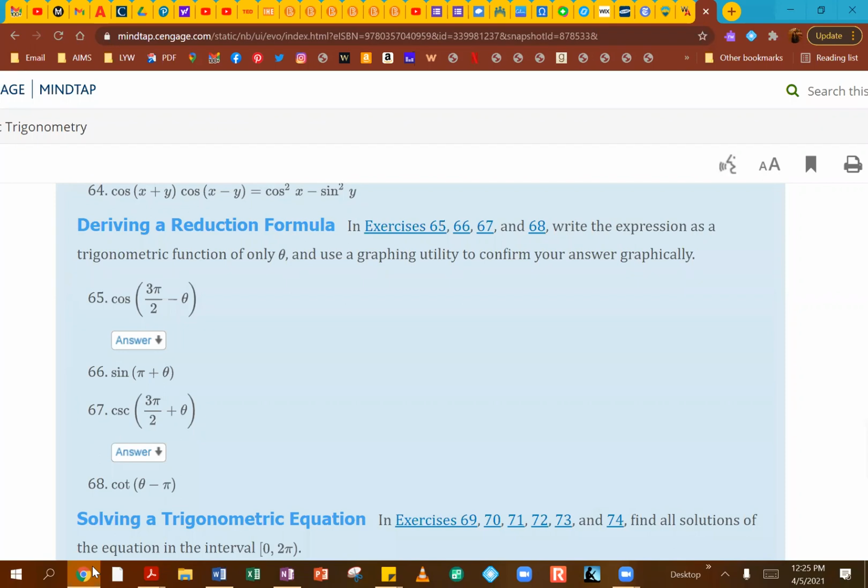And the second part, of course, since we're not using graphing calculators or anything like that, if you want to confirm it just to make sure you're on the right track, you can definitely use, like a Desmos graphing calculator if you want to. But right now, we're really just interested in that first part, making sure we're able to write this expression by just using the angle theta over here.